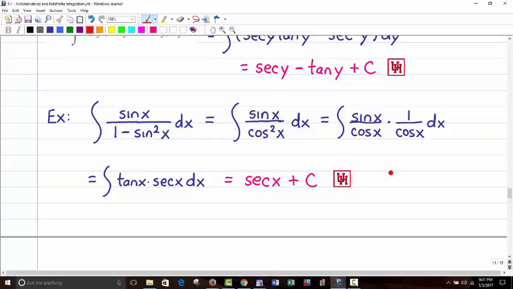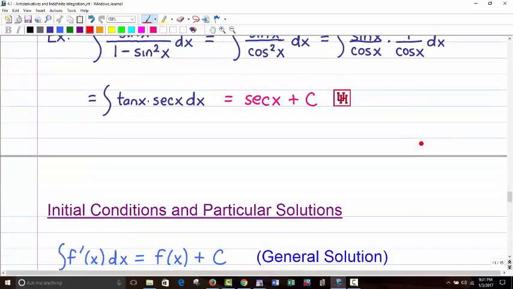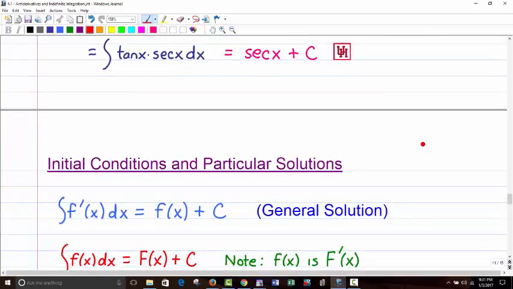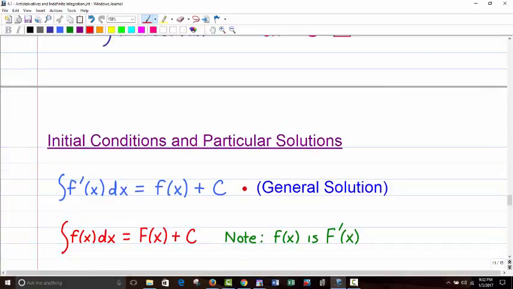All right. Initial conditions and particular solutions. That's some differential equation terminology, but that's all right. It's not going to be that bad. Now, when you have these problems with the plus c, those have a name called the general solution.